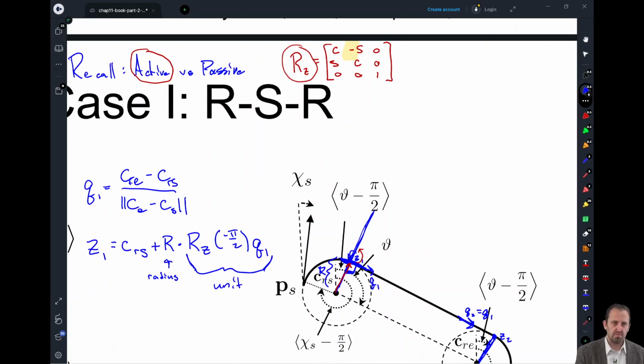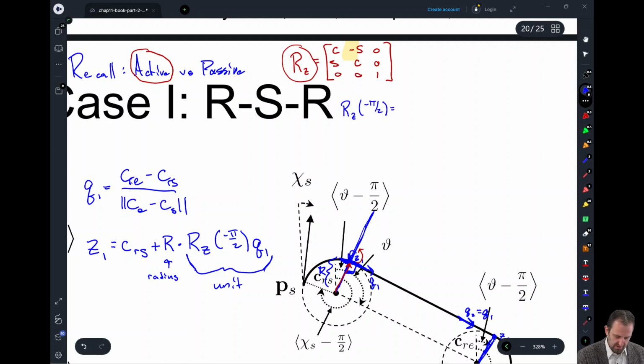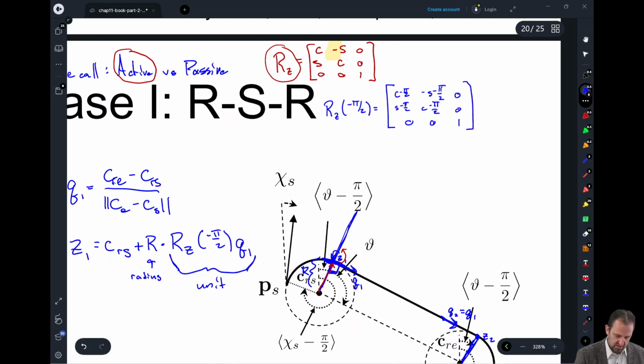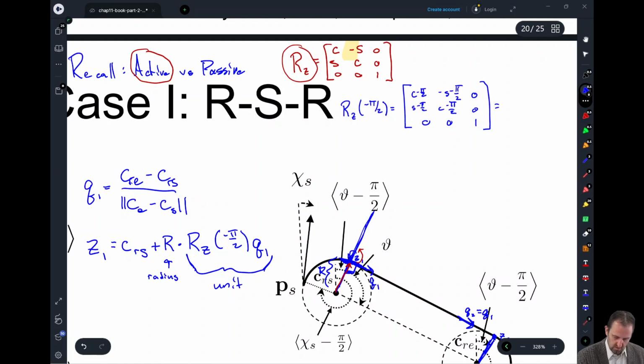We know we want to rotate it by an angle of negative pi halves. So when we do rotation of Z by negative pi halves, we're going to end up getting a cosine of negative pi halves, a negative sine of negative pi halves, a sine of negative pi halves, a cosine of negative pi halves, 0, 0, 1, 0, 0, which is just equal to, and cosine of pi halves is just 0.